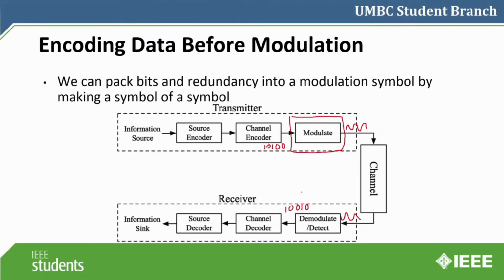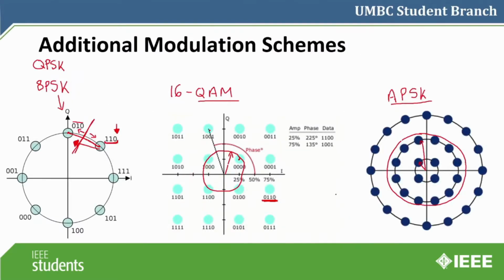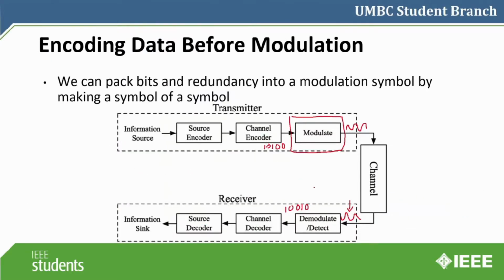And the way we do that is we measure the amplitude and the phase and the frequency of the wave we receive. And then we use our map here to say that if we get a phase of 0 and we have an amplitude of whatever amplitude this is, then we are receiving a 111. We measure that. And that's how we use demodulation.